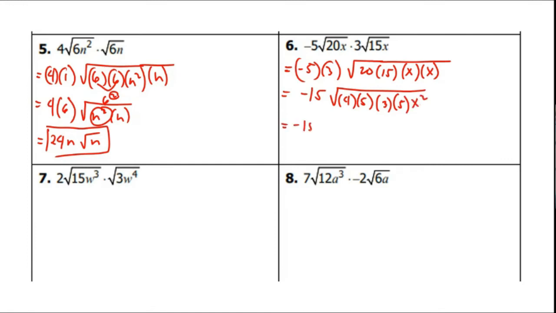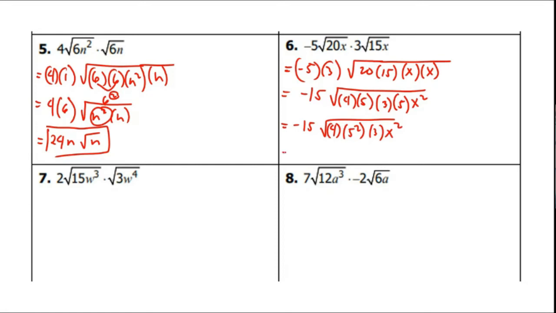So negative 15 square root of 4, which is 2 squared, and we also have 5 times 5, so we will have 5 squared times 3x squared.